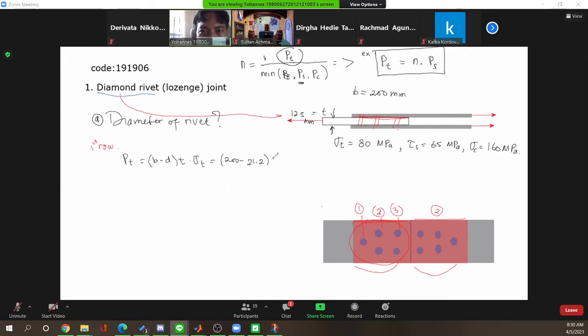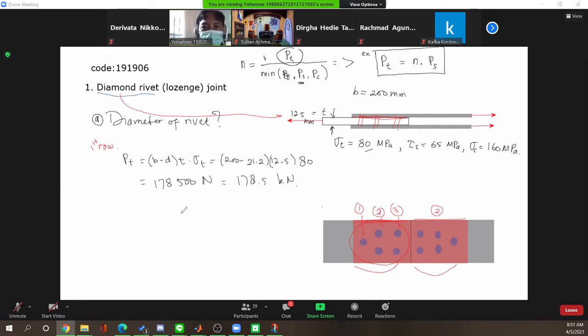And the thickness is in millimeters, and the tensile strength is 80. So here we have the tensile strength for the first row, about this many kilonewtons.